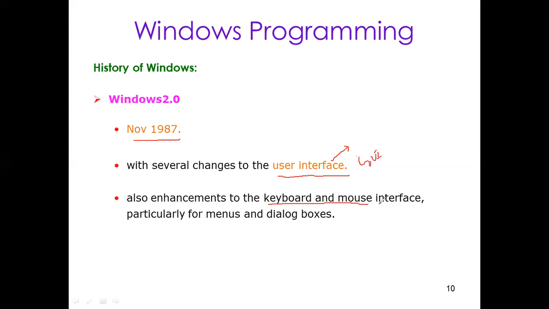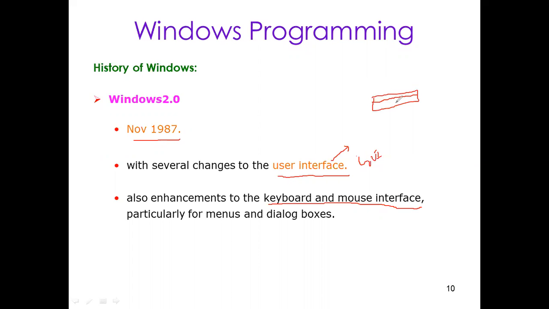In Windows 2.0, some additional drivers were added for accessing the keyboard and the mouse, particularly for the designing of menus and dialog boxes. Whenever you design Windows programming, suppose this is my window, open a window. When you open a window, you will always find a menu bar and dialog box at the top, where you have a number of drop-down buttons.